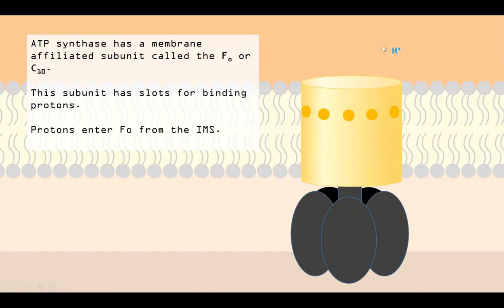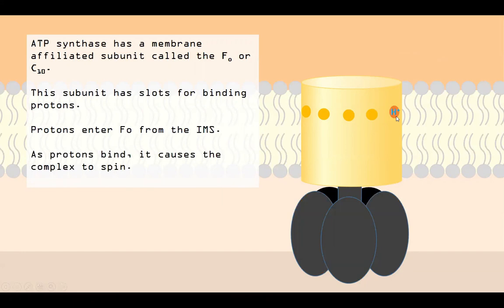Protons enter the F0 subunit from the intermembrane space, and they bind specifically to these sites. As protons bind these sites, I'm going to just mark this one as a darker orange so that we can track it. It causes this complex to spin.